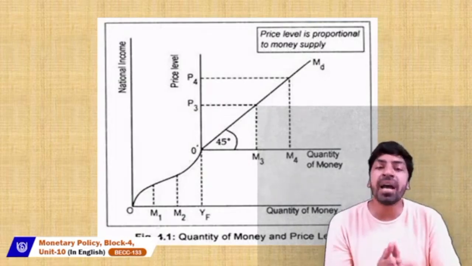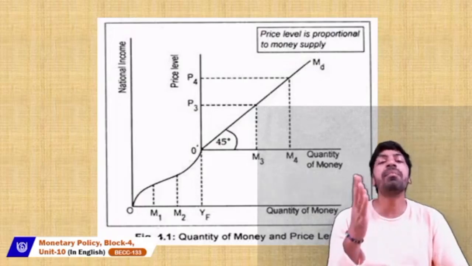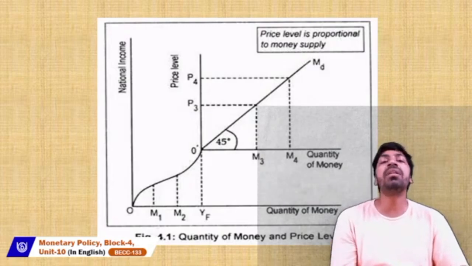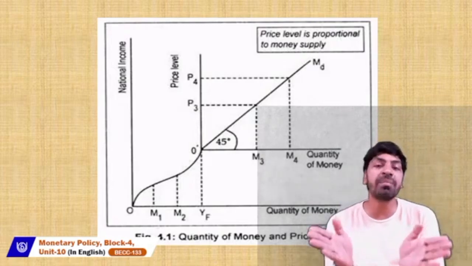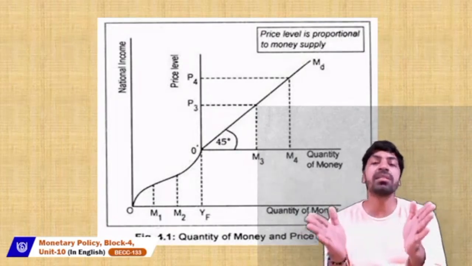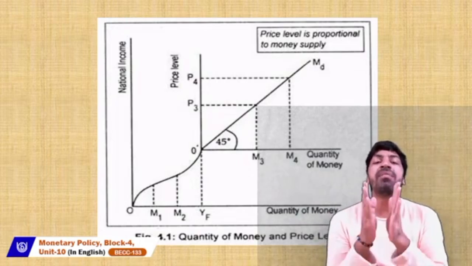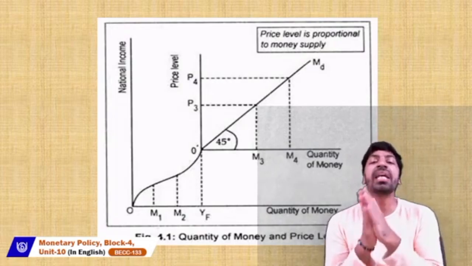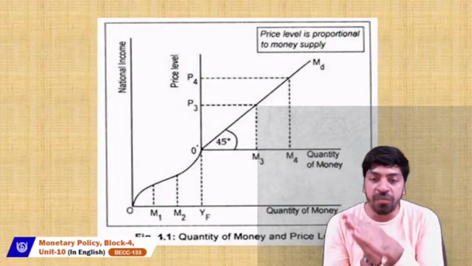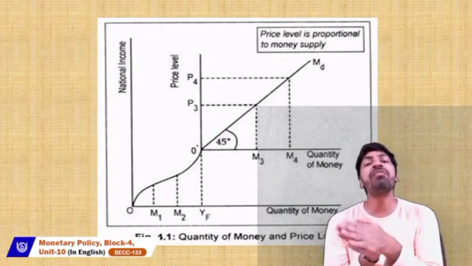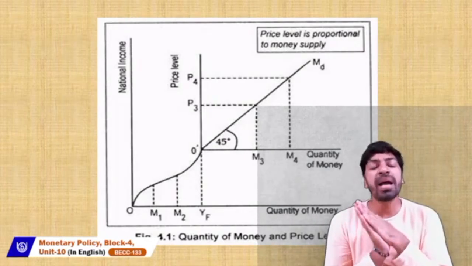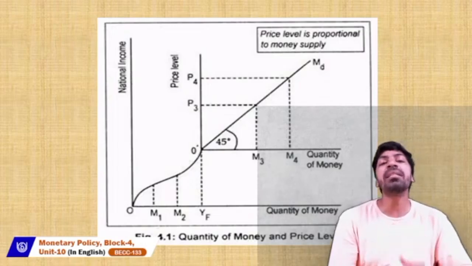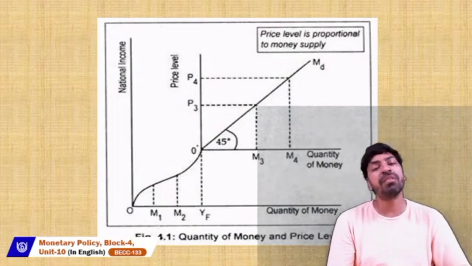This diagram states that at the full employment level, the quantity of money supply and the price level are proportional to each other. That means both factors have a positive relationship between them. If there is any change in the quantity of money from M3 to M4, it automatically results in an increase in the price level from P3 to P4.